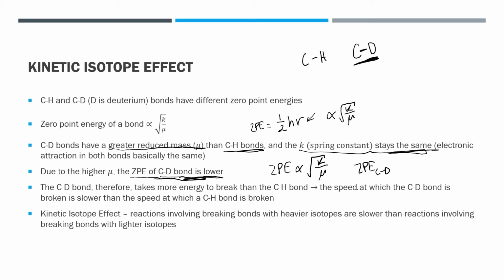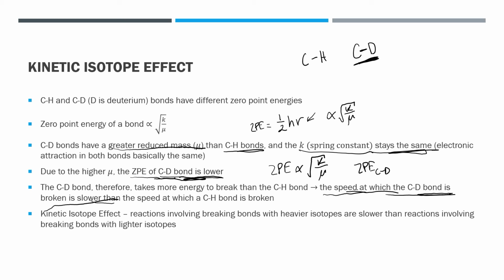The CD bond takes more energy, therefore, to break than the CH bond. Why? Because remember, we have to overcome the 0 point energy in order to break the bond. So if it takes more energy to break a CD bond, that means the speed at which the CD bond is broken will be slower than the speed at which the CH bond will be broken.